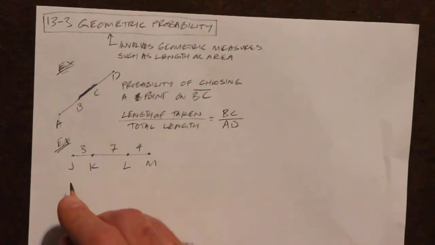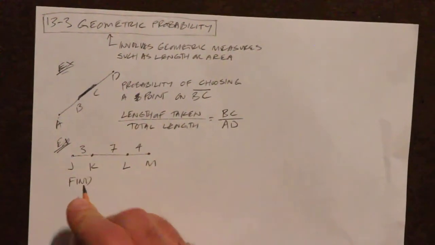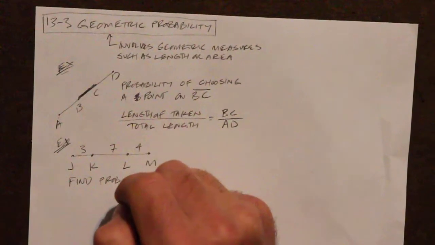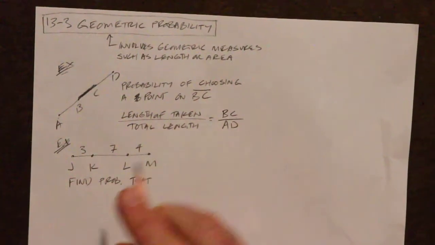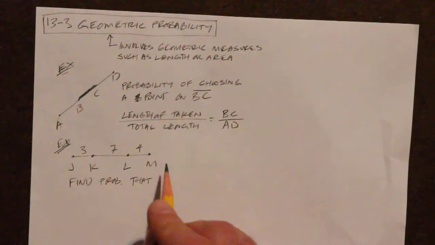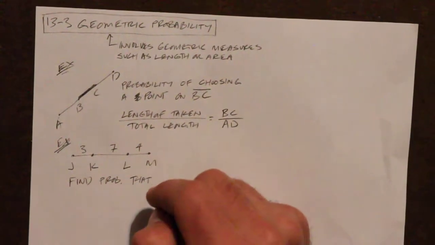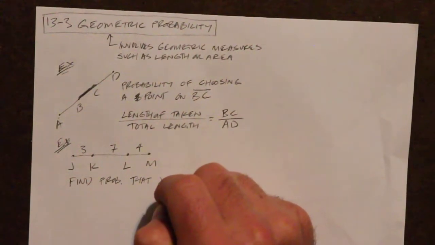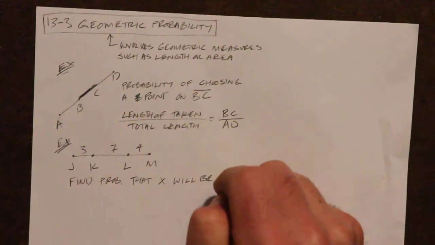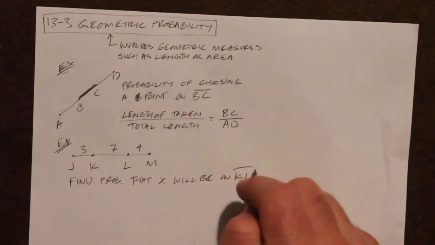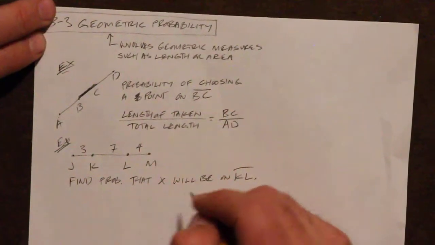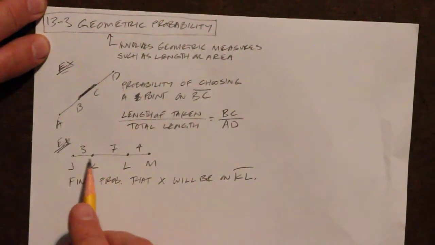Now we're going to be asked to find the probability that X, that's just a point anywhere that we put on this line segment, will be on KL. So we put a point X somewhere on this, and let's find the probability that it'll end up on KL.